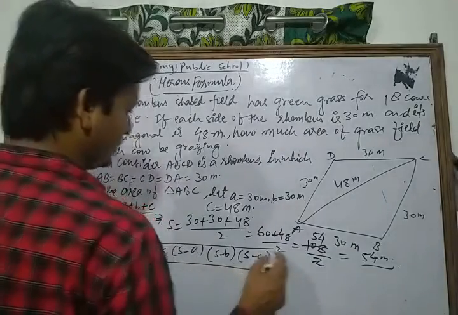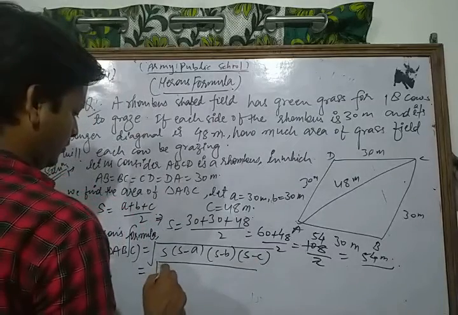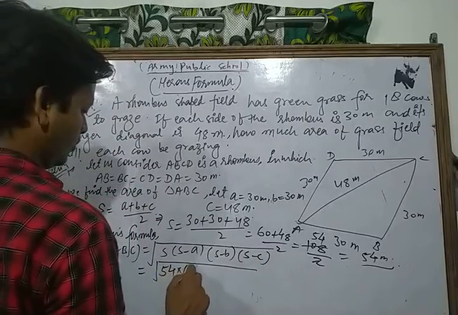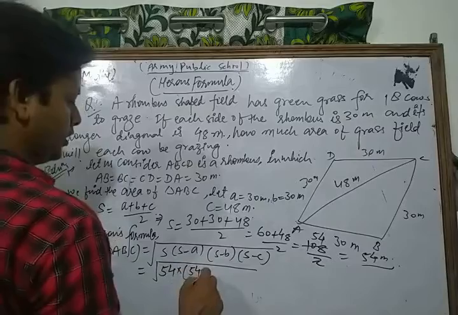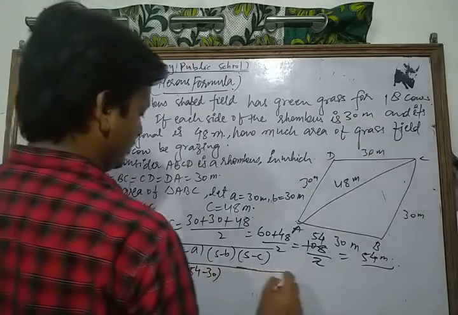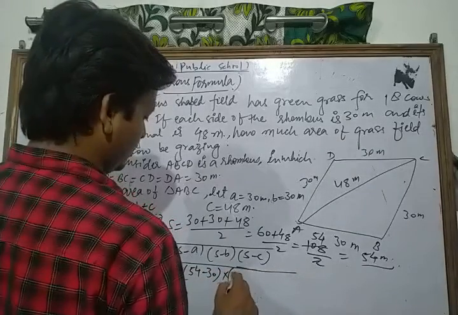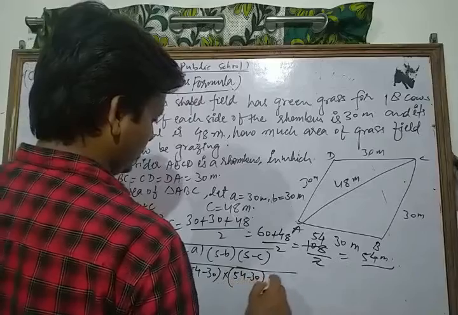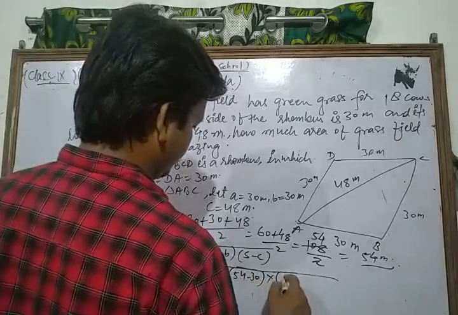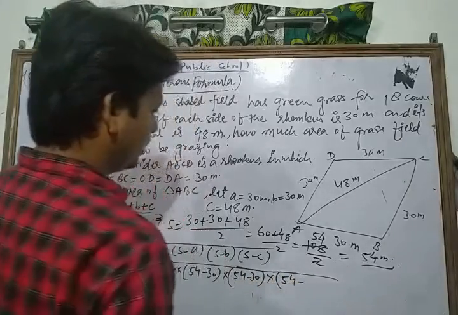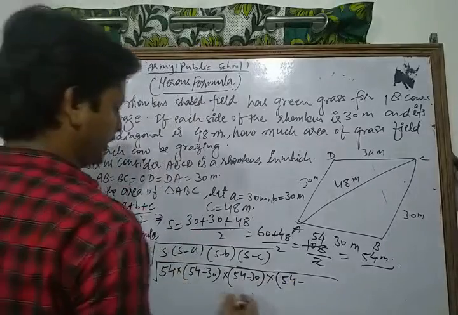S means 54. A means 30, B means 30, C means 48. Okay.